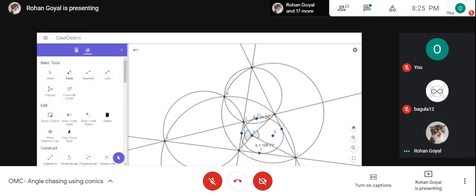Not just that, you have this, but also they have the same angle bisectors. The angle bisector of HMJ, the angle bisector of GMI, and the angle bisector of AMB are the same.